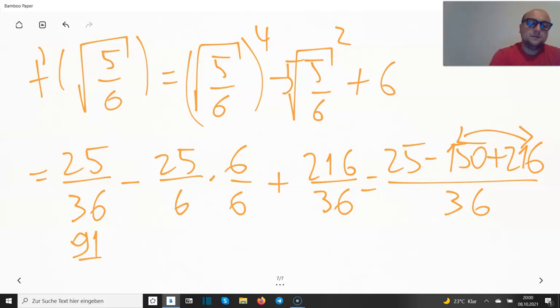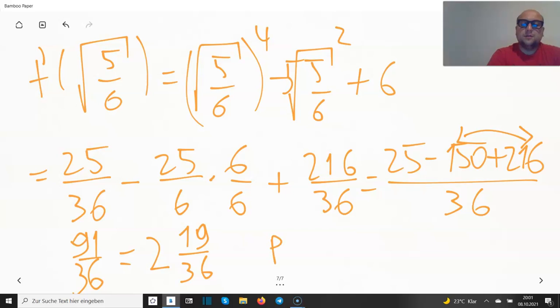If I'm wrong, I'm sorry, but I should be right. I think so. It's an improper fraction. We're going to write it as a mixed number, which is twice, 36 fits twice into 91. It's going to be 72, and we have 19 more, so almost 2.5.